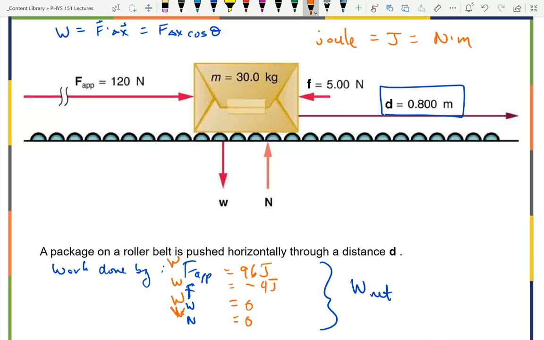So when I put the magnitude of the force times the magnitude of the distance times cosine of the angle between them, that gave me 5 newtons times 0.8 meters times -1. So if the force is opposite to the direction, it's going to be negative work. Does that make sense?